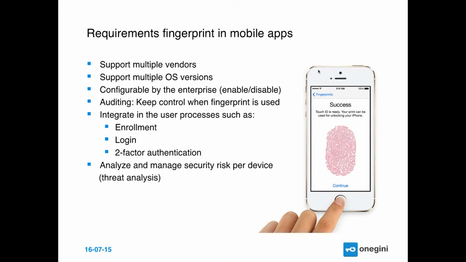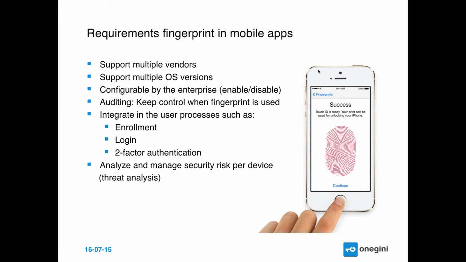And once you have done that, you also have to manage the risk per device. Once you see there is something not going well on the device, for example when it's rooted, you should take proper actions. Are you going to allow the fingerprint on a rooted device, yes or no? That depends on the app itself, but you need to know it.